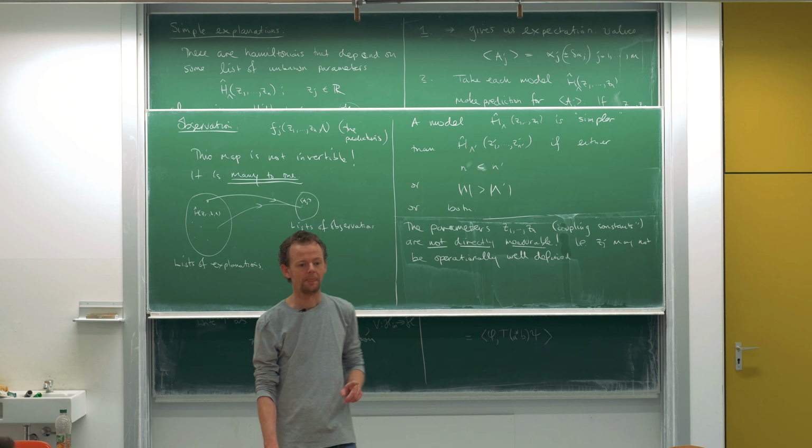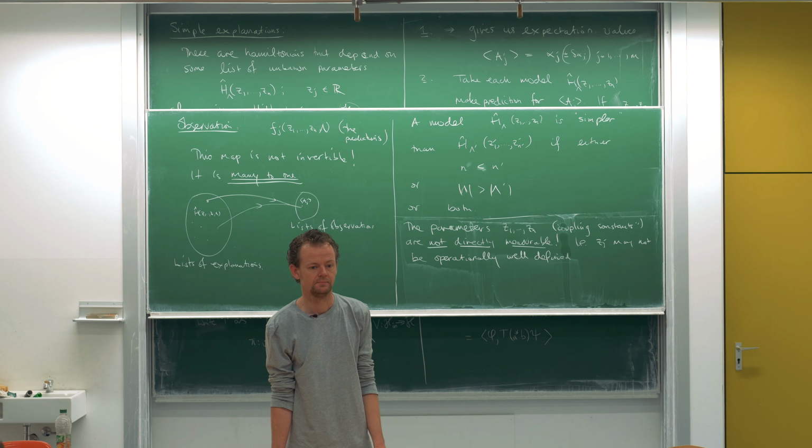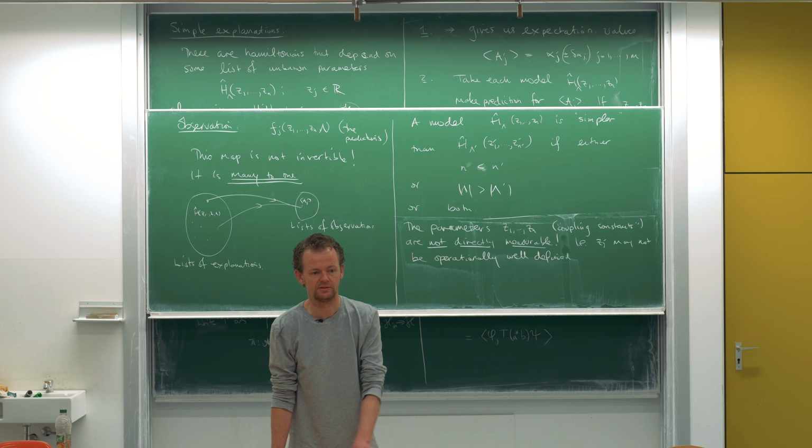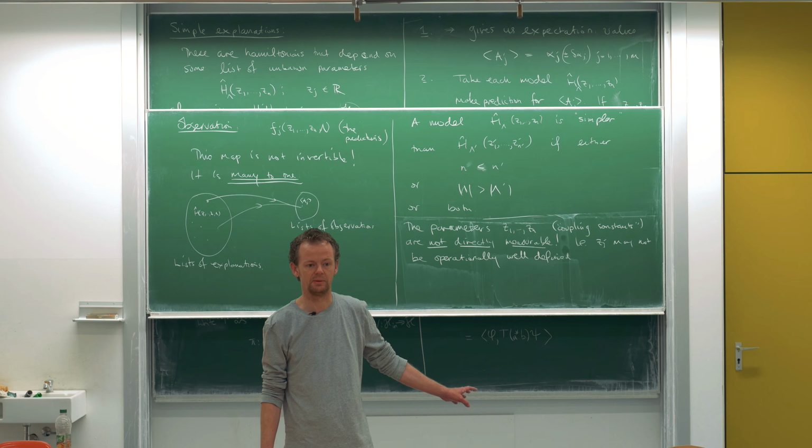A question? Yeah, you said that the number of parameters could be infinite. So the question is, if I interpret it, I said it was possible that we could have an infinite list of parameters, but isn't it possible, since we only have a finite list of observations, that we should just stick with a finite number of parameters?